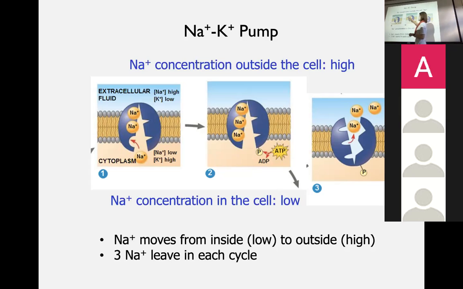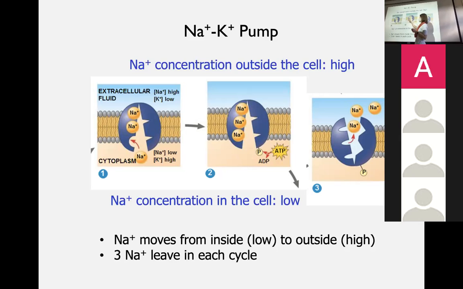So outside the cell, when we start, we already have a lot of sodium. So the sodium concentration is high outside the cell. We're trying to kick even more sodium out, essentially. So we're moving more sodium to where there's already a ton of sodium. That is going to require ATP. So this is our little helper protein, the transport protein, the blue thing.